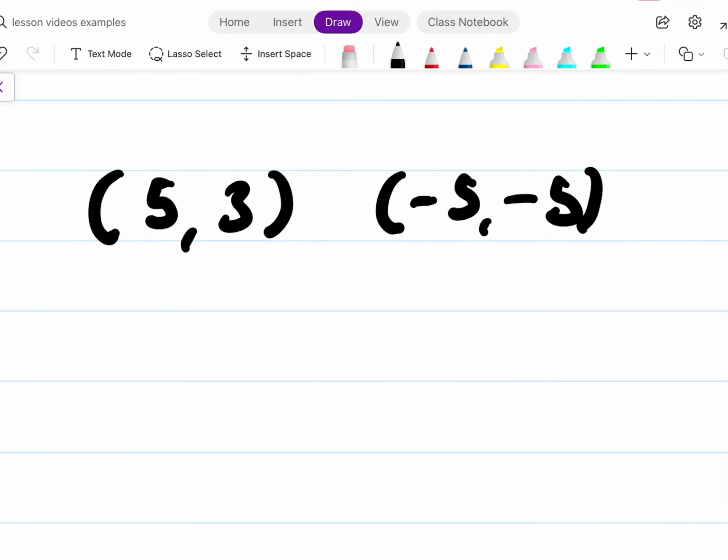So we know that our slope formula is y2 minus y1 over x2 minus x1. And one thing you can do, it doesn't matter what order you put the x values in and the y values in, as long as you keep the x's on top and the y's on bottom and you use the same point first. Let's go ahead and work this one.